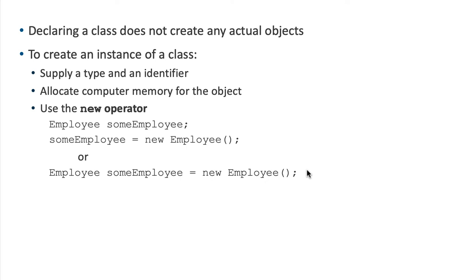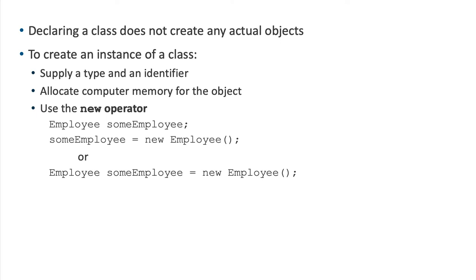When you declare someEmployee as an instance of the Employee class, you are notifying the compiler that you will use the identifier someEmployee. However, you're not yet setting aside computer memory in which that employee named someEmployee might be stored.